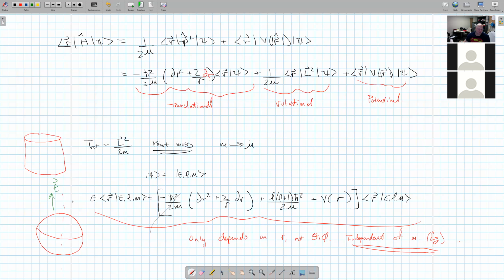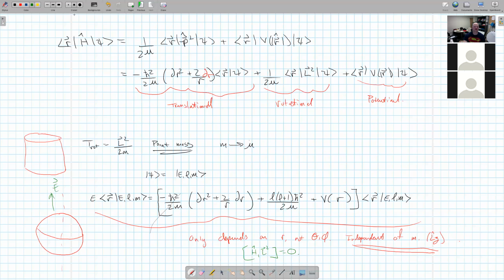But here, since this thing is completely independent of M and theta and phi, that's just a manifestation of the fact that this thing has spherical symmetry, which again means that the Hamiltonian commutes with the angular momentum squared. So this has conservation of angular momentum, which means it doesn't matter how we rotate this thing, it will always be the same.